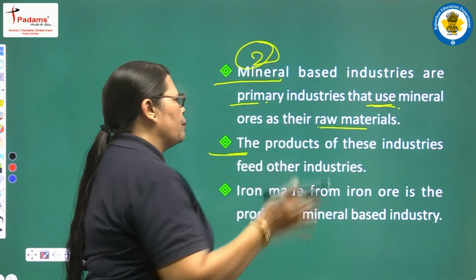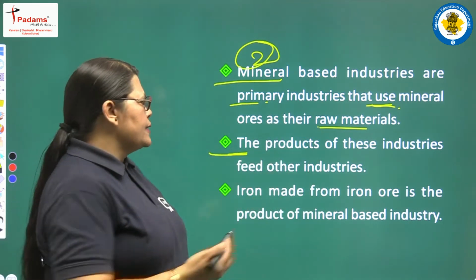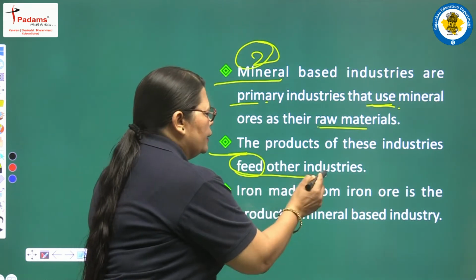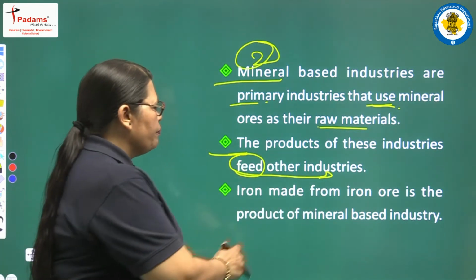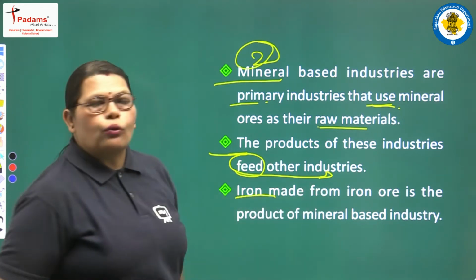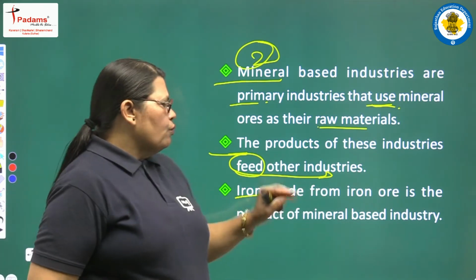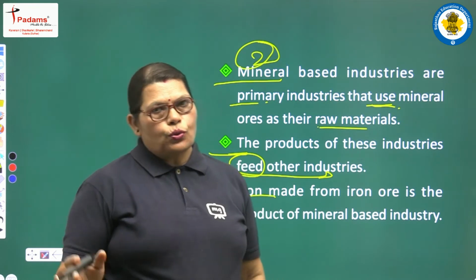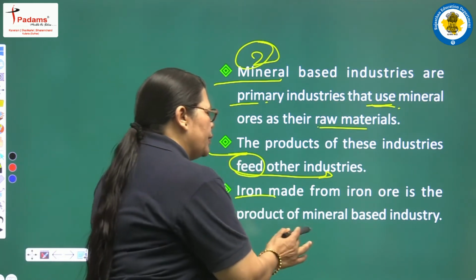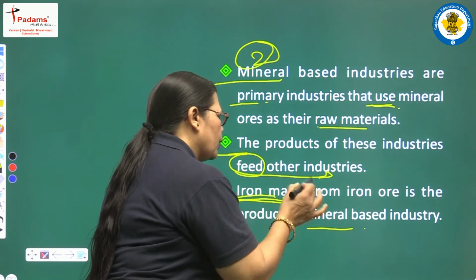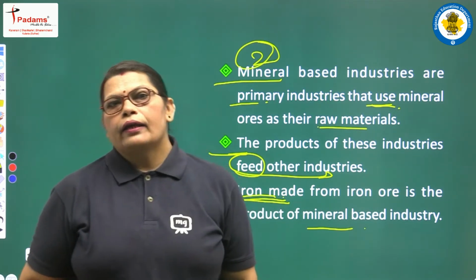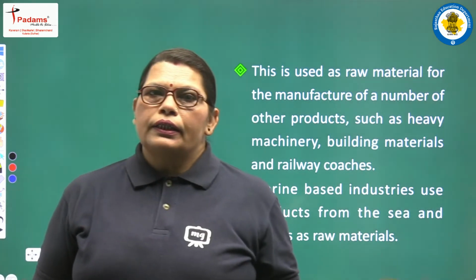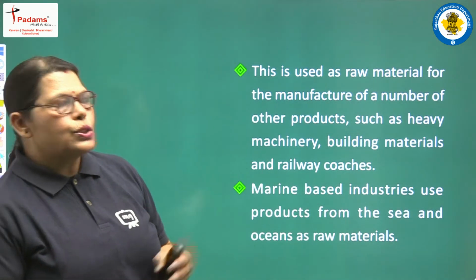And the products of these industries feed other industries. Yes, many products feed other industries also. For example, iron made from iron ore is a product of mineral based industries. So this one is mineral based, and we are talking about iron. Iron is made from iron ore and other rocks or other things.